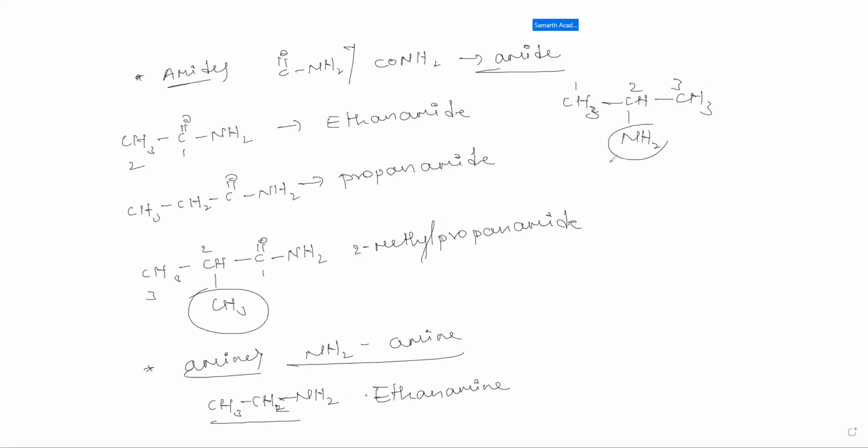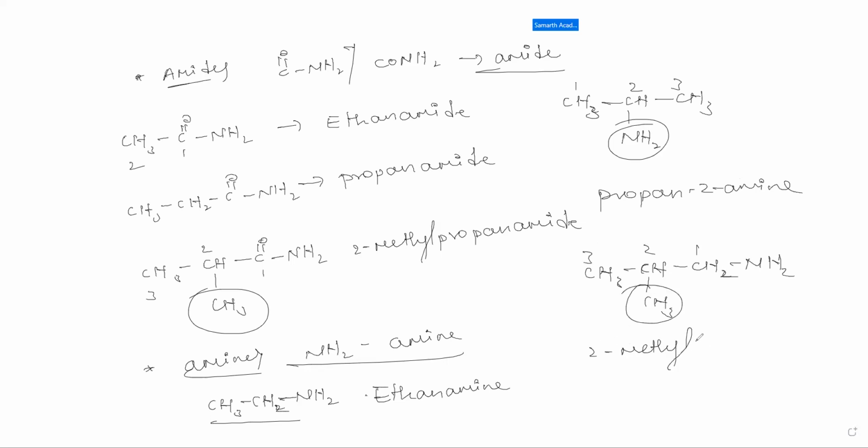The second carbon contains the amine. So that is propan-2-amine. NH2, 1, 2, 3. So 2-methyl, so that is propanamine. So 2-methyl propanamine.